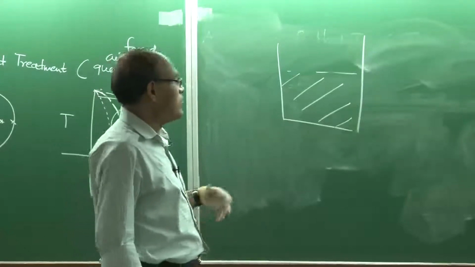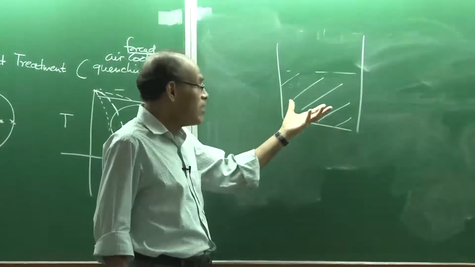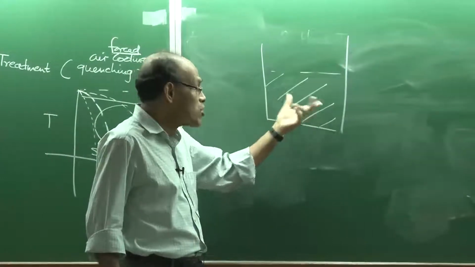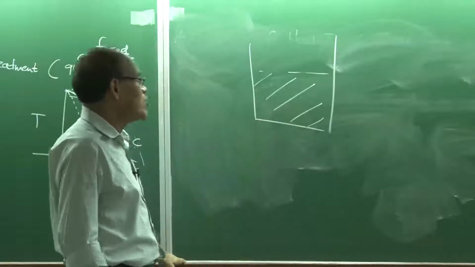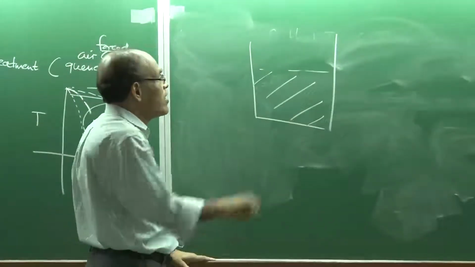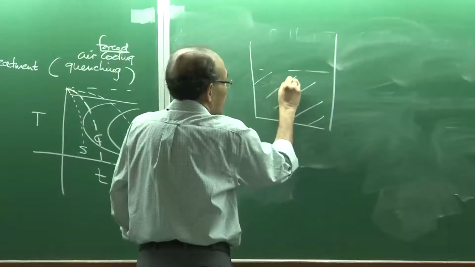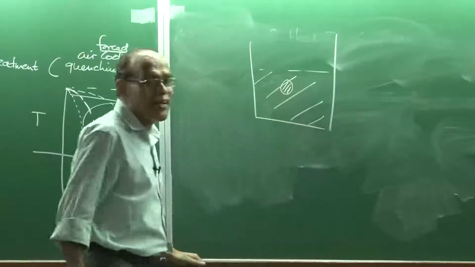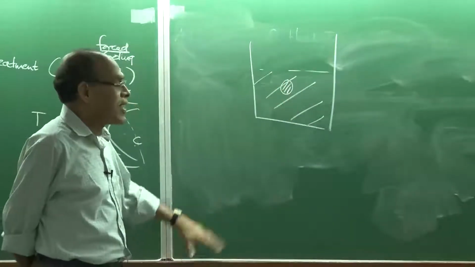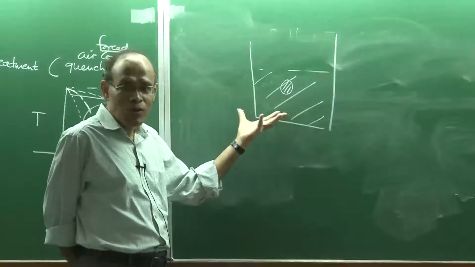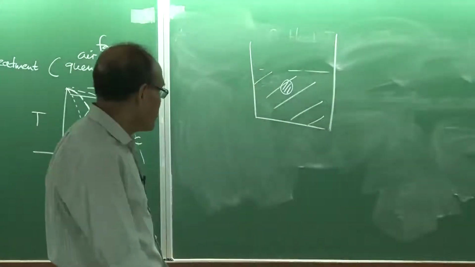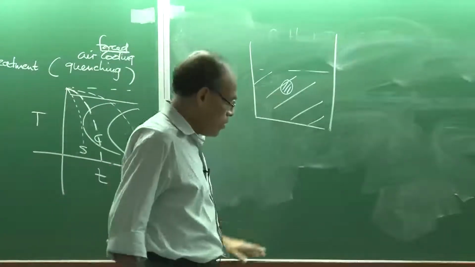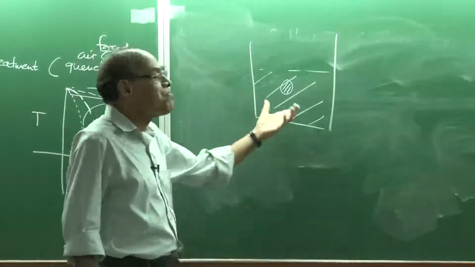For example, if you consider a metal at a temperature greater than its melting point, so it's in the liquid phase, and in that liquid you add a solid material, because we want to change the composition of the liquid, or produce a mixture of two different solids. That is the whole objective, or the same material itself.